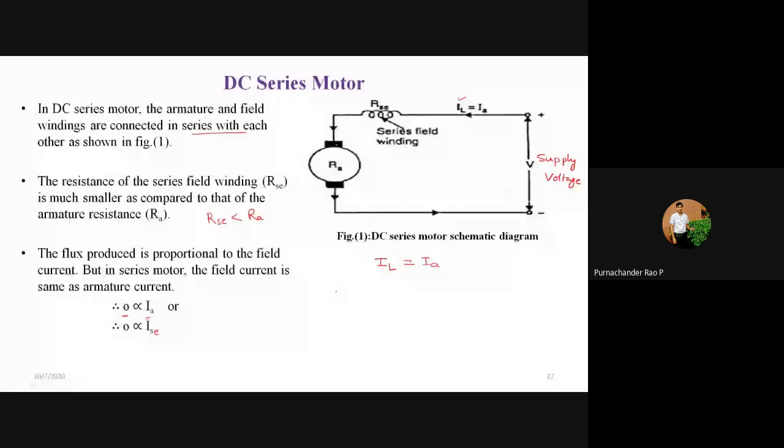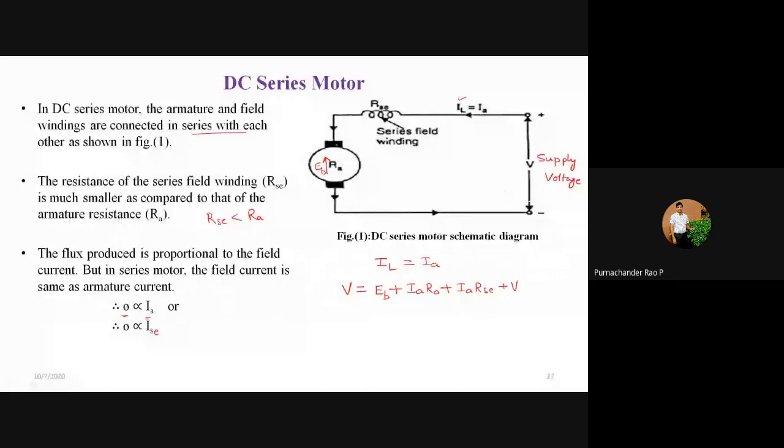IL is equal to IA, and the terminal voltage equation V is equal to EB, the back EMF which is developed in the armature circuit, plus IA RA, the resistance drop in the armature circuit, plus IA RSE, plus some voltage drop across the brushes.